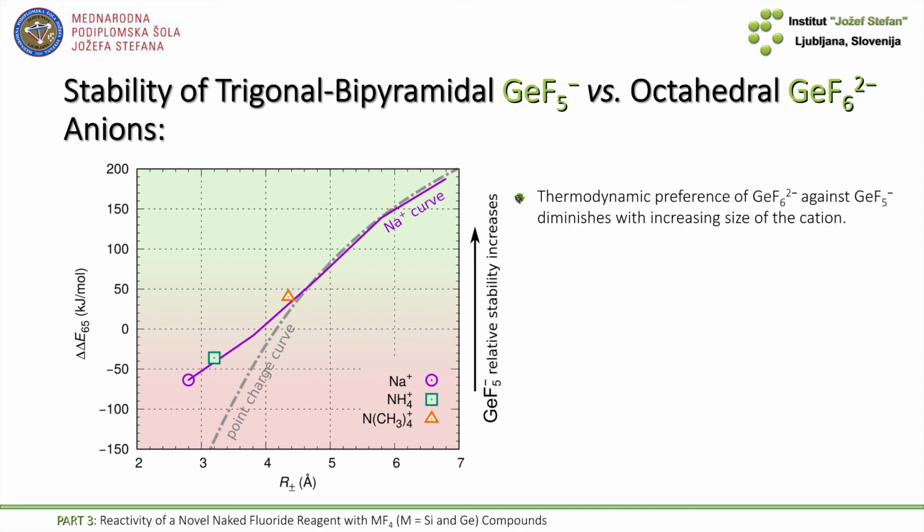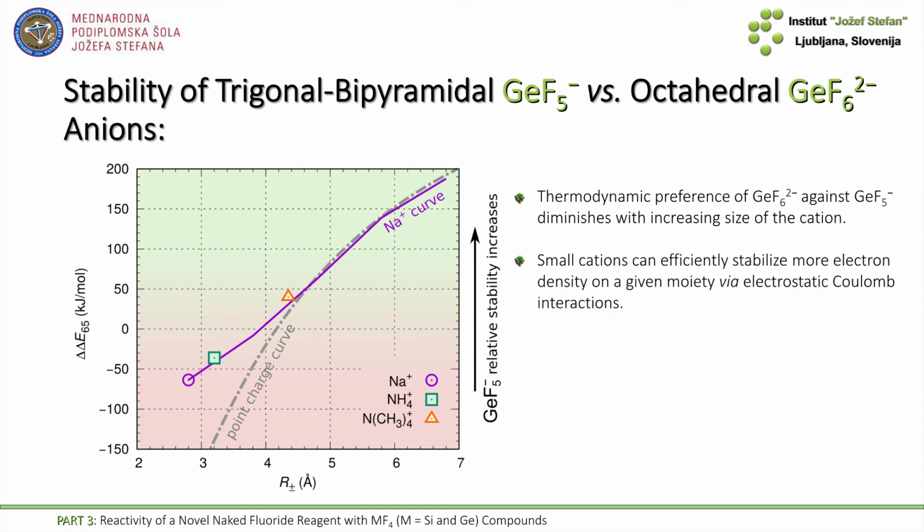So now what this tells us is that thermodynamic preference of hexafluoridogermanate against pentafluoridogermanate diminishes with increasing size of the cation. In other words, small cations can effectively stabilize more electron density on a given moiety via electrostatic Coulomb interactions.